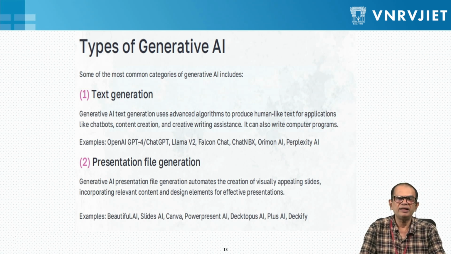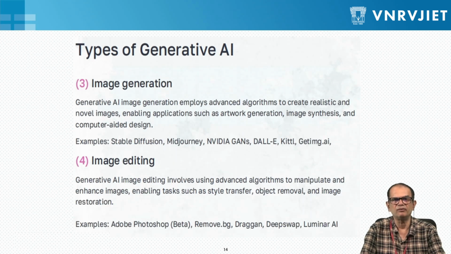If I give a particular input, it will generate the presentation file for me. Some of the software are Beautiful.ai, Canva, Power Present AI; these are some of the tools which help to generate the presentation for me.